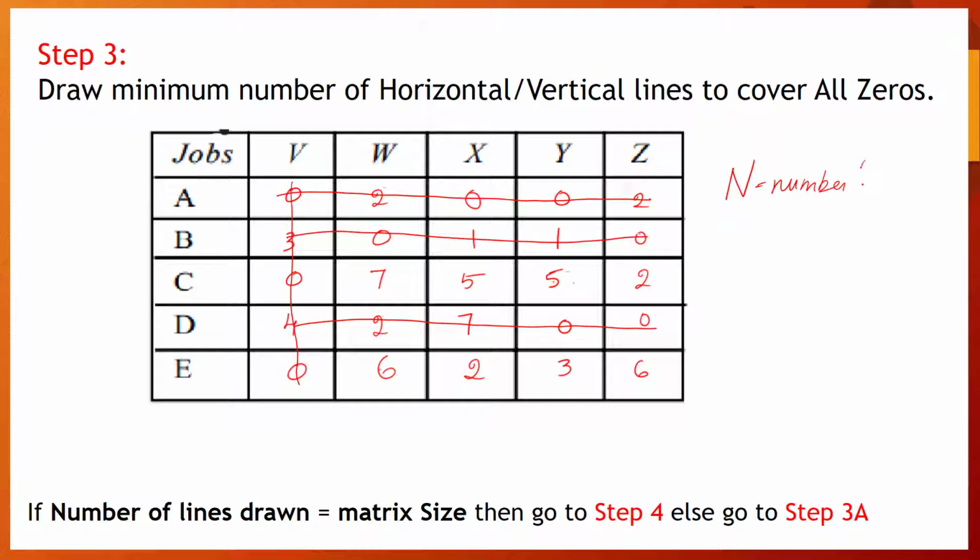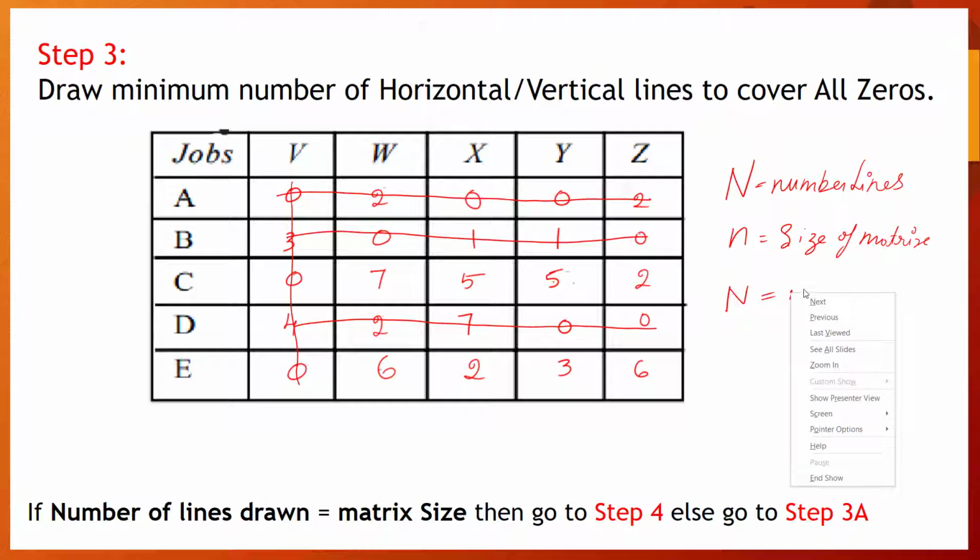So let us have capital N equal to the number of lines, and small n equal to the size of the matrix. For this to be the final assignment, we should have the number of lines equal to the size of the matrix, but here N is less than the size of the matrix.